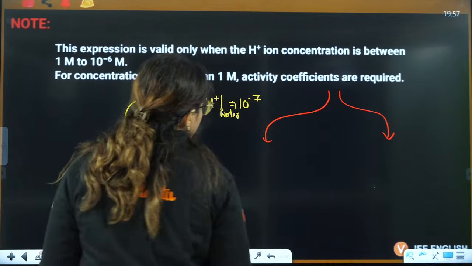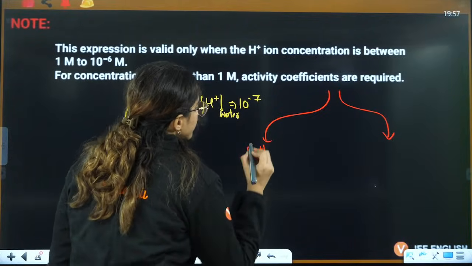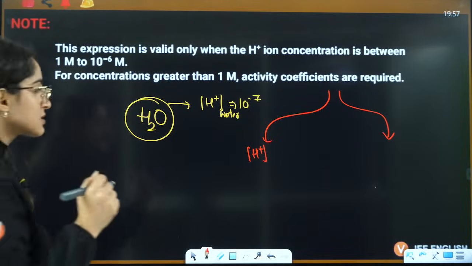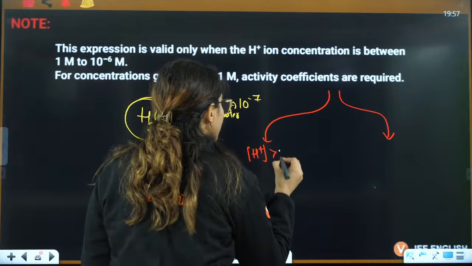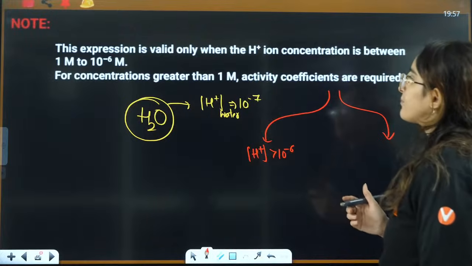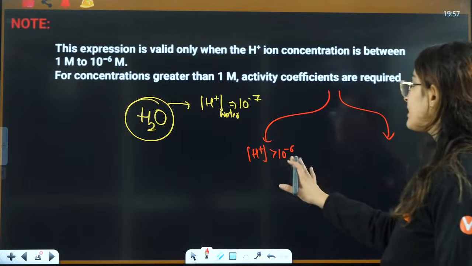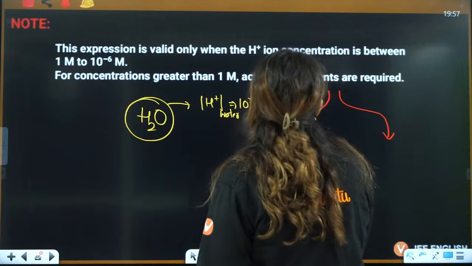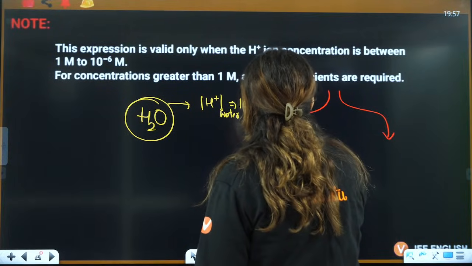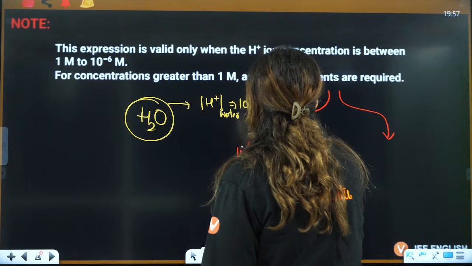If I say an acid, its H positive concentration is greater than 10 raised to power minus 6, or greater than 1 molar, so I am not even talking about that. I am saying if its H positive concentration is lying between 10 raised to power minus 6 to 1 molar, right?